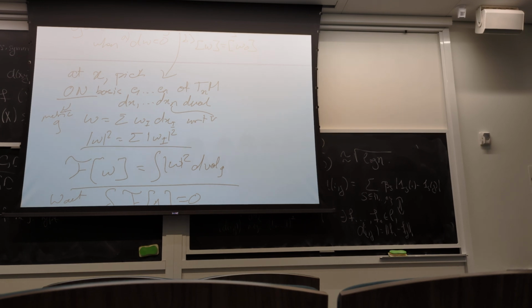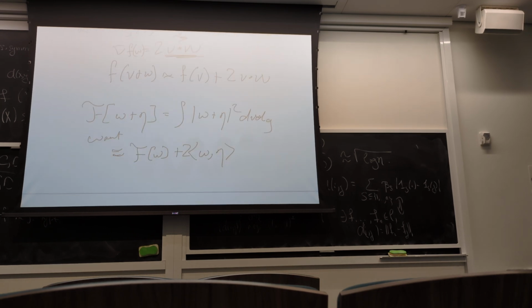So the question is, does this definition come from an inner product? So the answer is yes, and we will construct this inner product, and then in fact show that the derivative of f is equal to this guy.